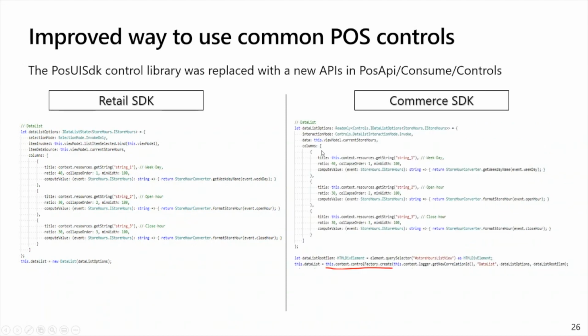You can see the vast majority of the code looks very similar, with just a couple of changes in terms of the creation of the control itself using the control factory create method. All of this is further documented in our docs on docs.microsoft.com. There's an article there dedicated to talking about how to use the control factory to consume common POS controls.